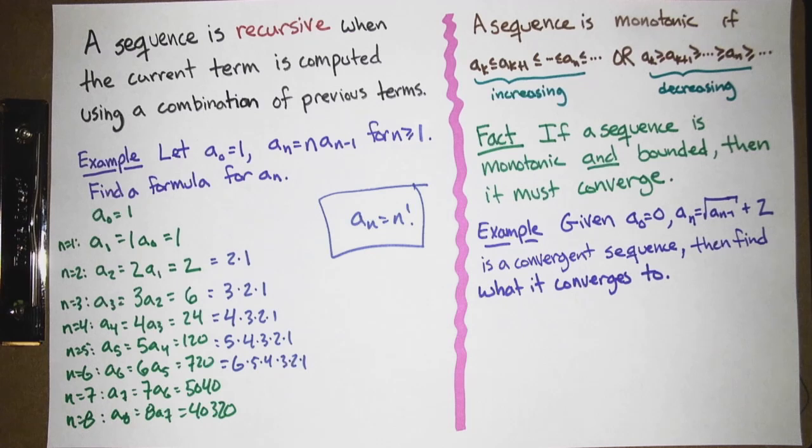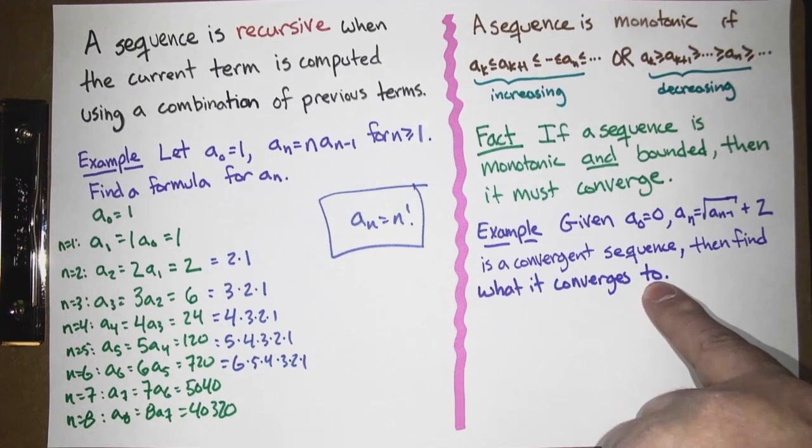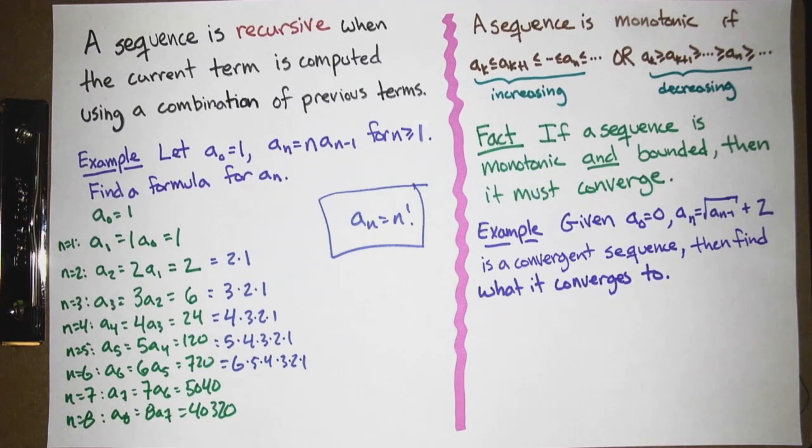So it's increasing. I also claim it's bounded. And I'm going to say, find what it converges to. And I'm sure this is probably bad because that seems like ending a sentence with a preposition, but that's okay. This isn't an English class. Find what it converges to.